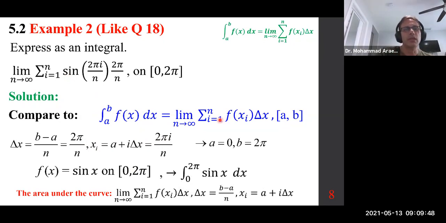And therefore, this becomes the definite integral from a to b, 0 to 2 pi, of sine x dx. In other words, delta x changes to dx, and this is the sine of x.